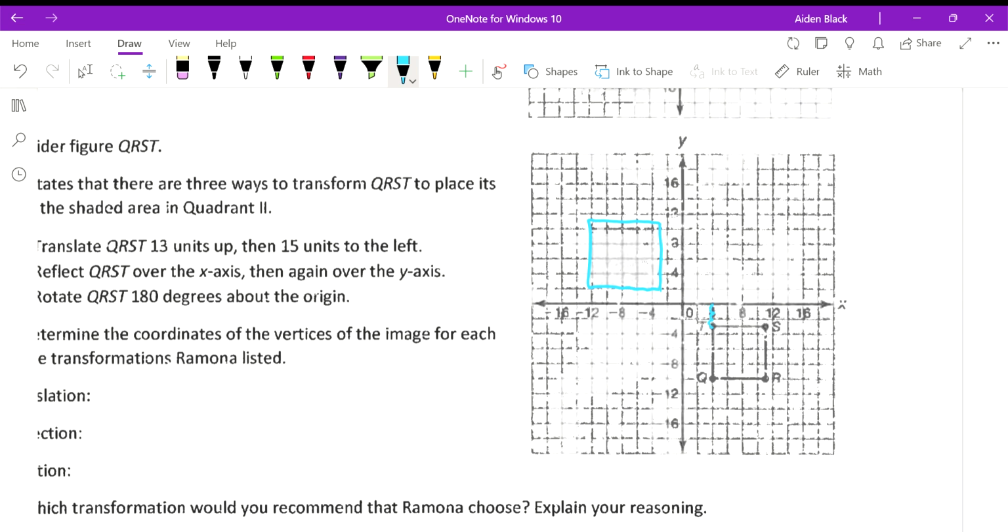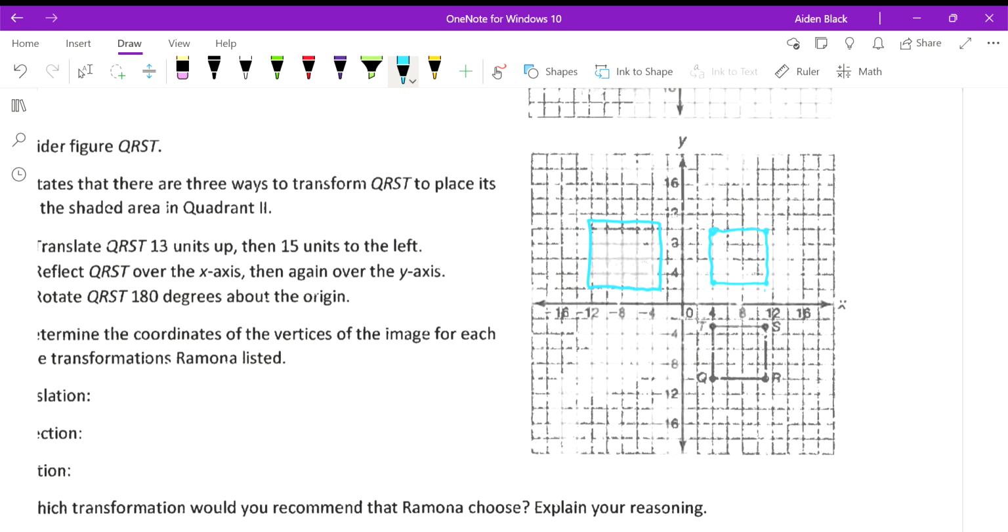12, 11, 10, 9, 8, 7, 6, 5, 4, 3, 2, 1, 0. So it'd end up here. This would end up here. 1, 2, 3.5. So this would be 13 units up, and then 15 units to the left.